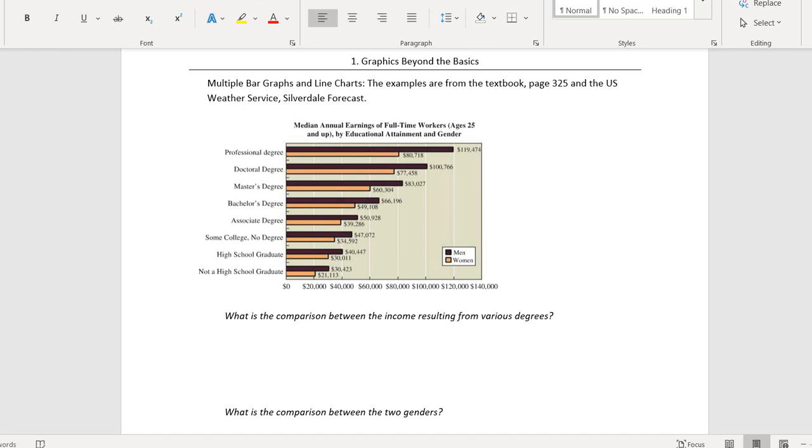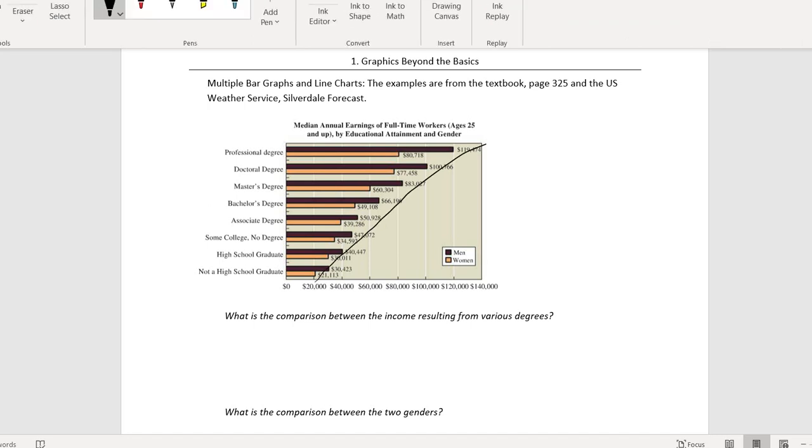And what we want to do is compare the incomes between the various degrees first. So if we look, we can see that as your degree increases, so does your wage. So more education means more money. Okay?